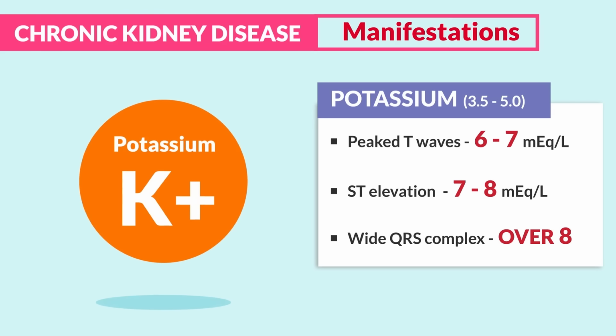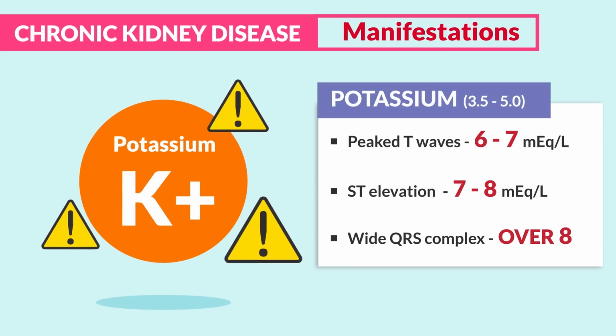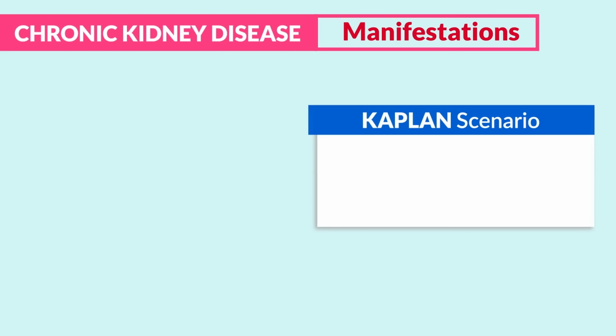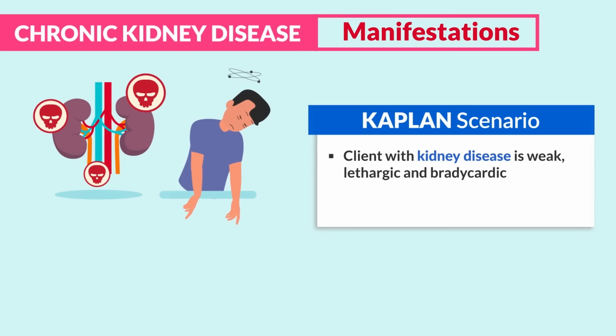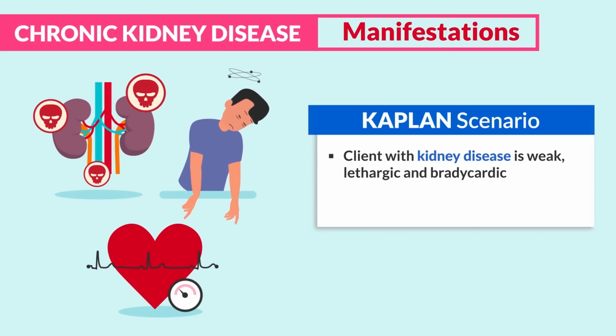So that's why potassium is priority on the NCLEX and nursing exams, since it pumps those heart muscles. Now, Kaplan had a scenario asking, a client with kidney disease is very weak, lethargic, and bradycardic, asking for a suspected finding for this patient.